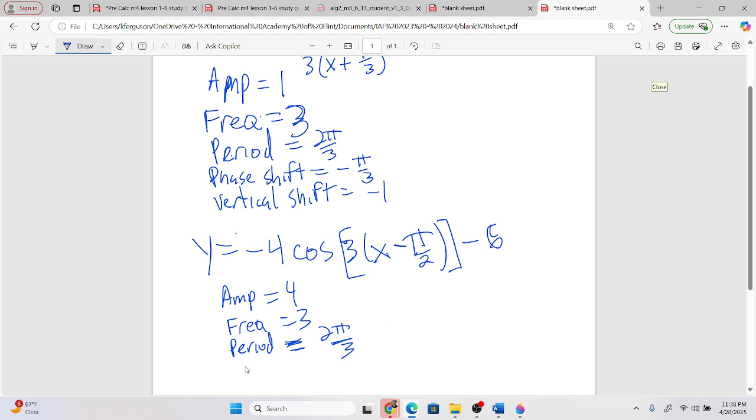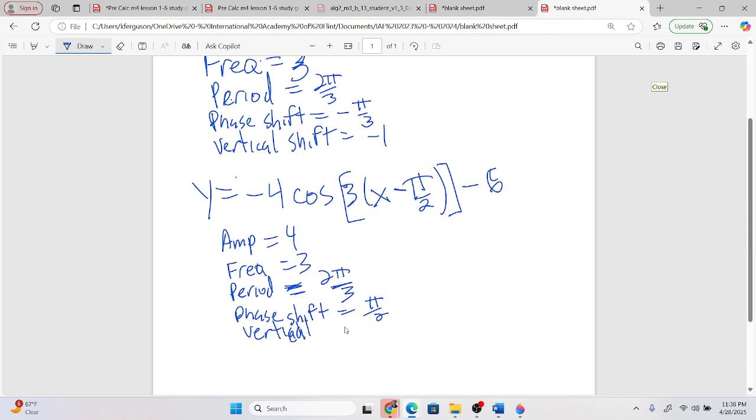And then we've got phase shift. Phase shift is going to be pi over 2. And my vertical shift, negative 6.